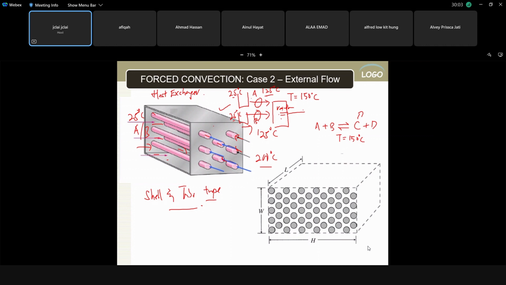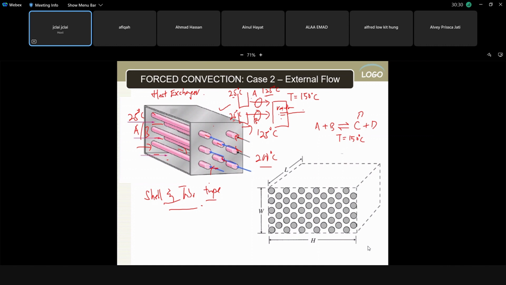Okay, there are many steps to do the calculation, and you also need to do trial and error many times. Okay, so you need to use an Excel spreadsheet in order to complete that.